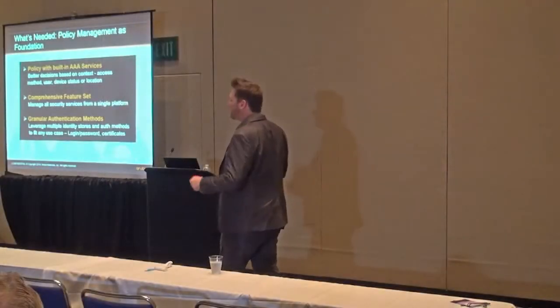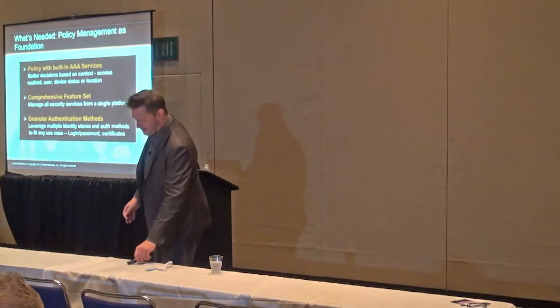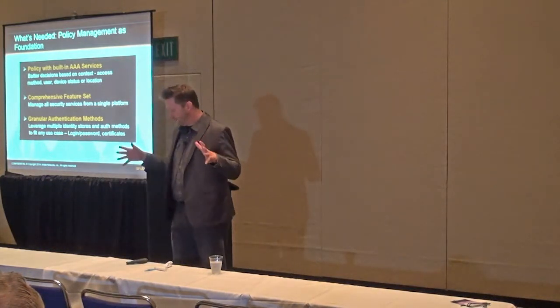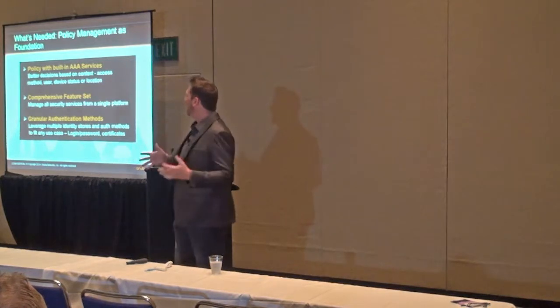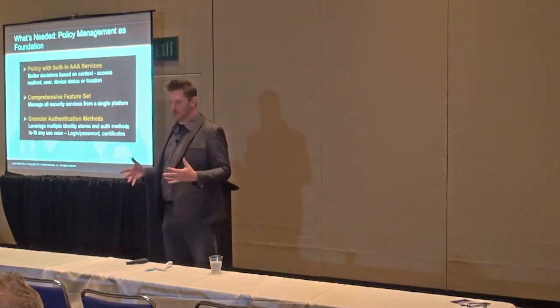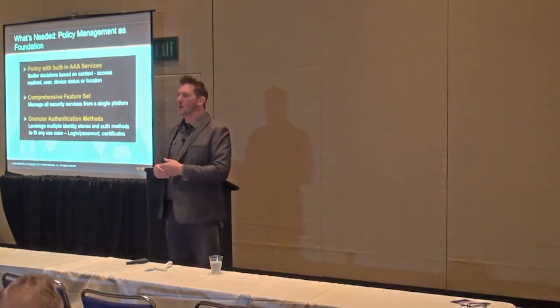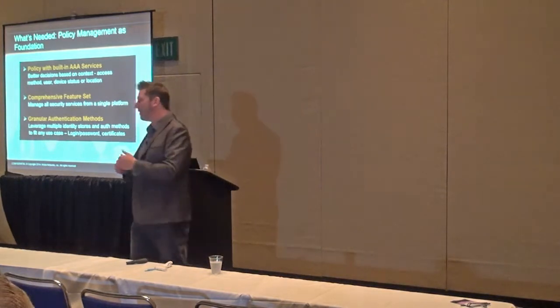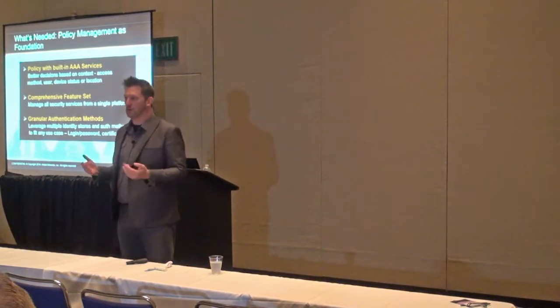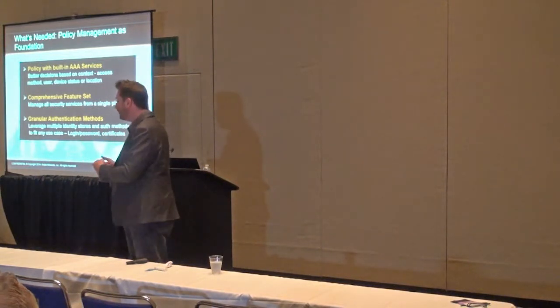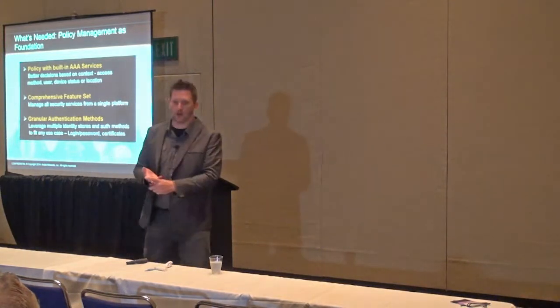So what's needed in this environment that we're in now is policy management as a foundation. We've tended to create policy at our enforcement points. Where are our enforcement points? They're our firewalls, gateway routers, switch ACLs, right?